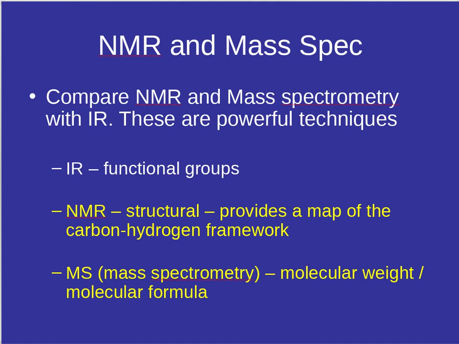It gives functional groups, but NMR gives more and provides the structure of a molecule that's available to you. So it provides a map of a carbon-hydrogen framework. Mass spectrometry gives something different. It gives molecular weight and fragmentations, but hopefully by the end of this course you'll be fully aware of the power of both of these techniques.